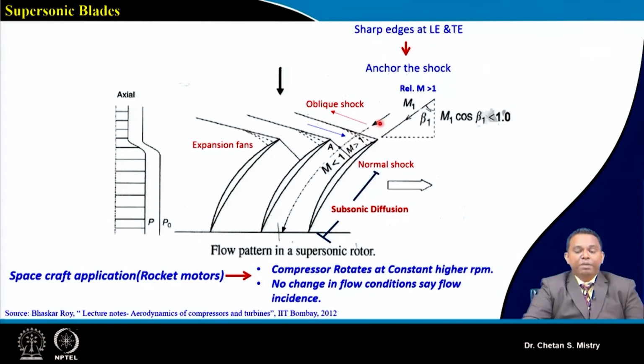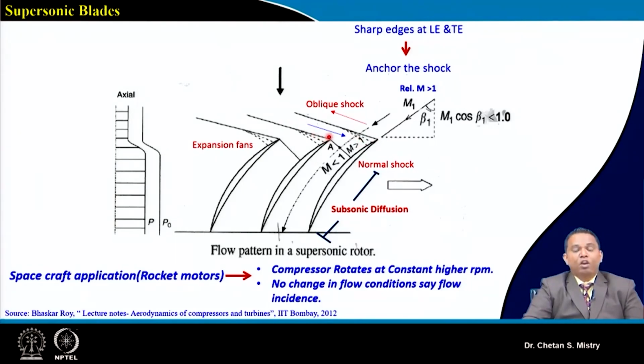Upstream of my shock, we can say this is an oblique shock. This oblique shock will be having a downside based on the curvature of my suction surface. This angle will be defining the formation of the expansion fans. So this is one of the legs, which is moving away from the blade.